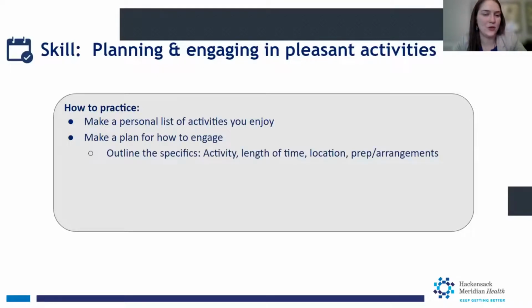And then making a plan for how to engage in those. So, for example, in the upcoming week, what type of activity might you want to prioritize? How long will you do that? When and where and with whom, if it involves anyone else? And are there any arrangements or prep that you need to do ahead of time, or things that you need to have on hand for it?